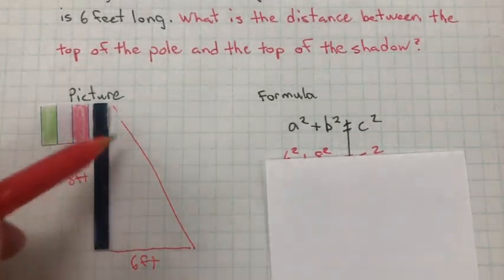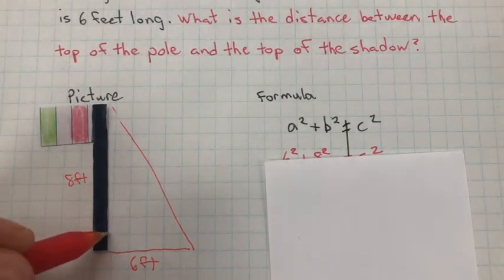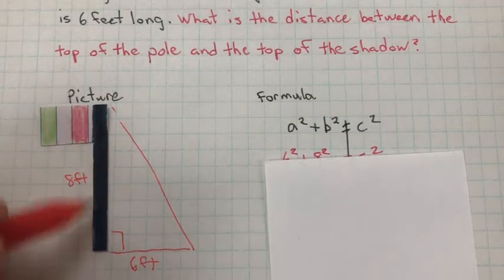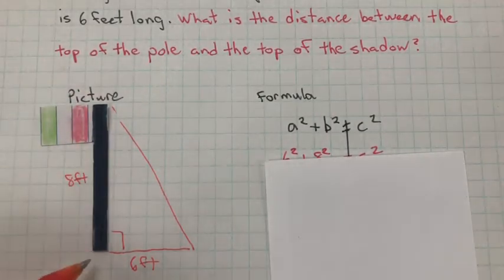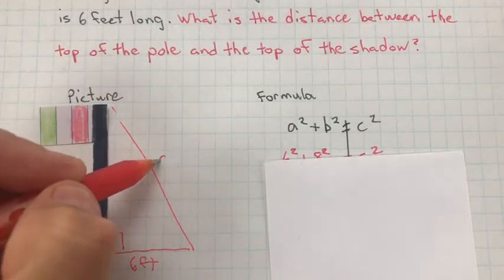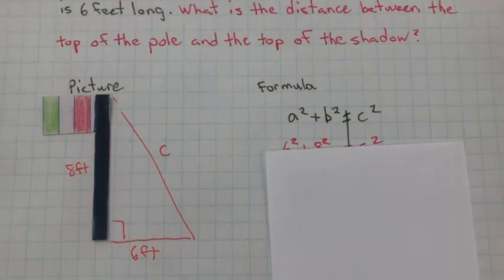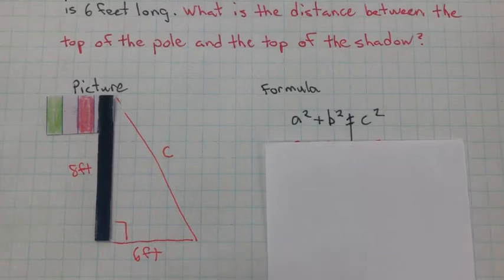And you should clearly see that this is the hypotenuse. And this creates a right angle. Flagpole is going to be vertical. The shadow is going to be horizontal on the ground. And we want to find out what the length of that is. So that's going to be C, the hypotenuse. So now we go ahead and plug it into the formula.